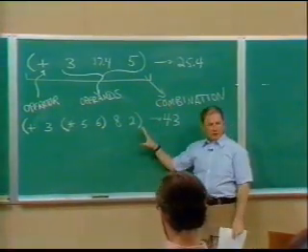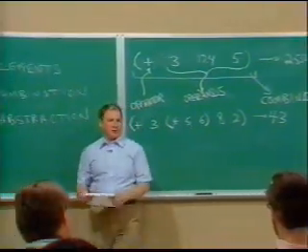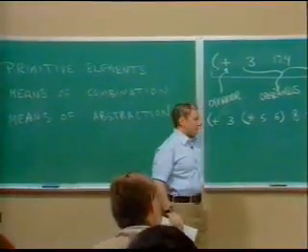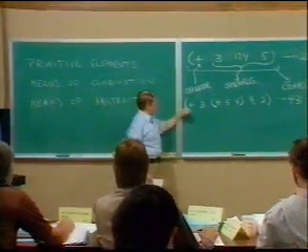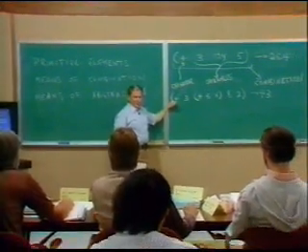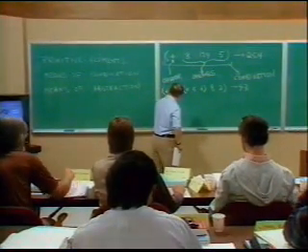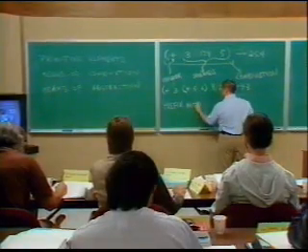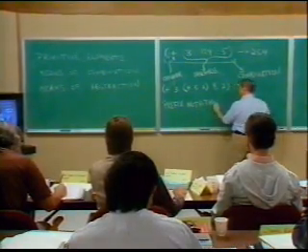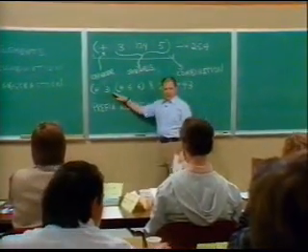Forming combinations is the basic means of combination that we'll be looking at. And you see some syntax here. Lisp uses what's called prefix notation, which means that the operator is written to the left of the operands.